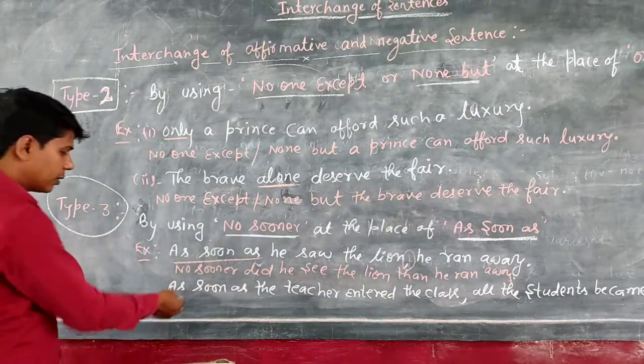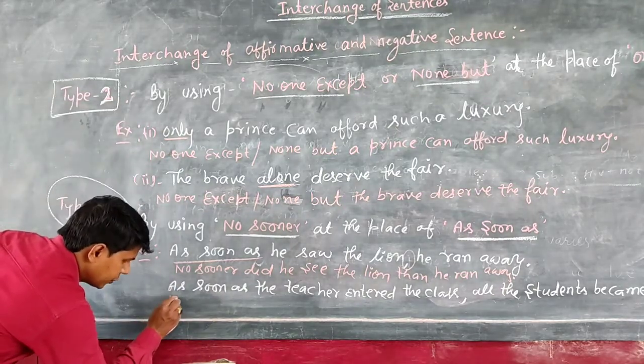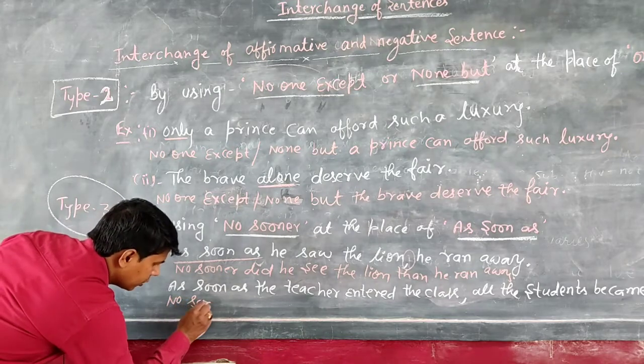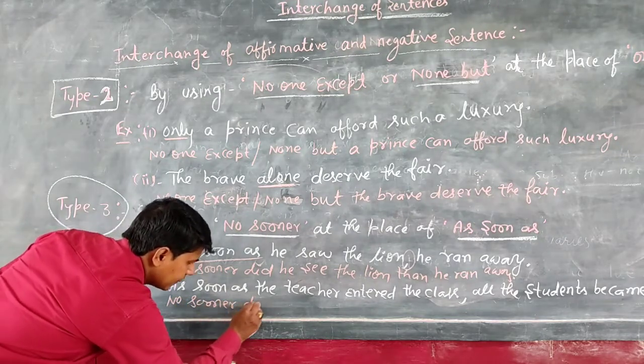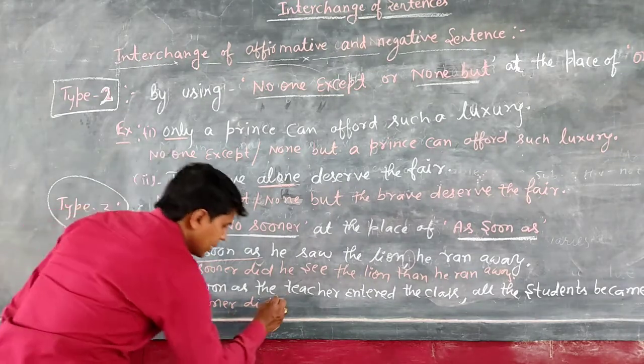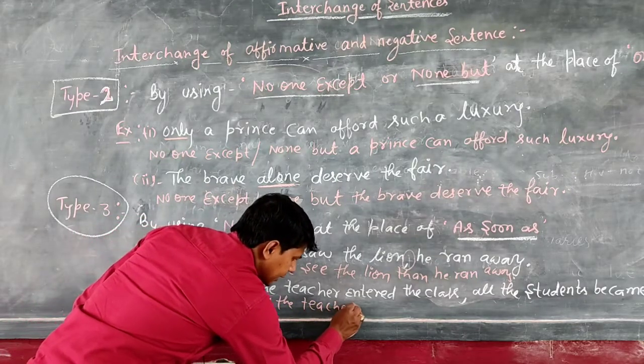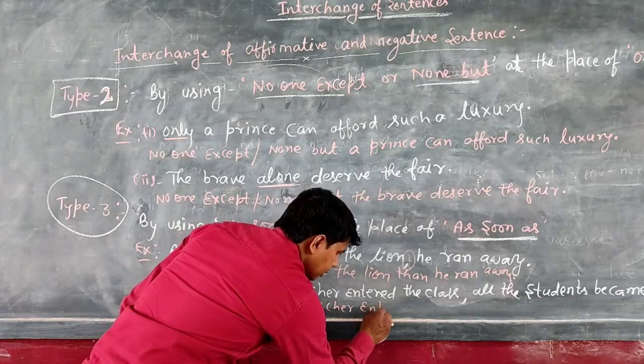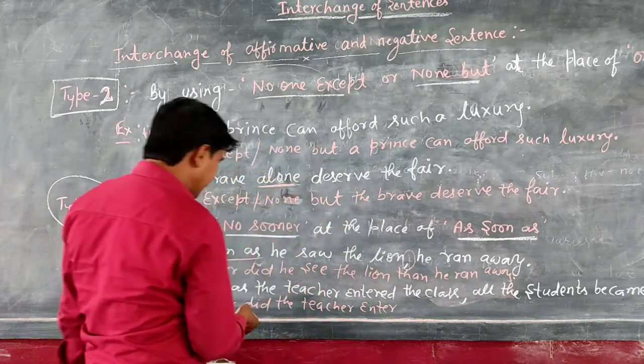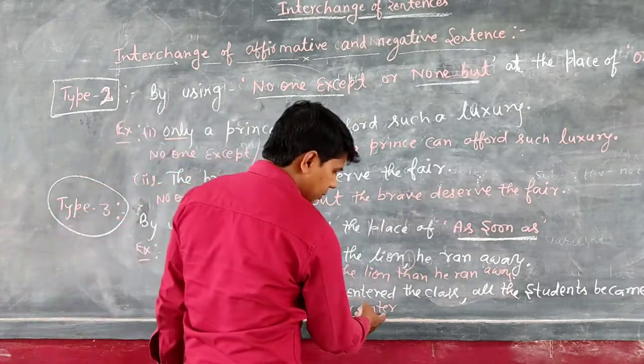Okay? Let's see one more example. What do you write first? No sooner did, the subject, the teacher enter, because we have used did, then we use the first form of the verb.